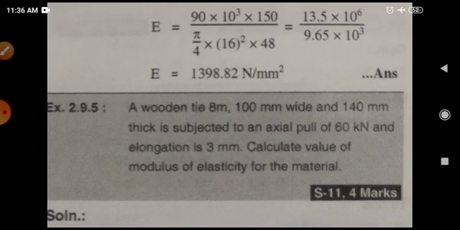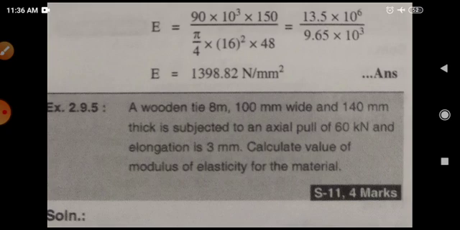A wooden tie 8 meter long, 100 millimeter wide and 140 millimeter thick is subjected to an axial pull of 60 kN and the elongation is 3 millimeter. Calculate the value of modulus of elasticity for the material.